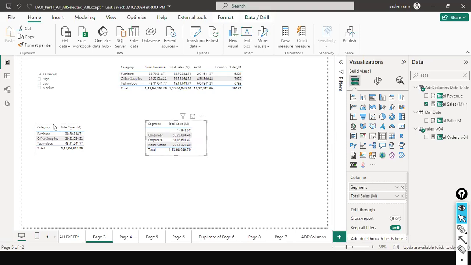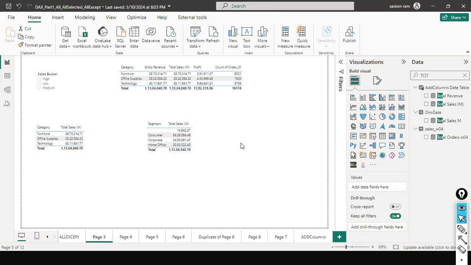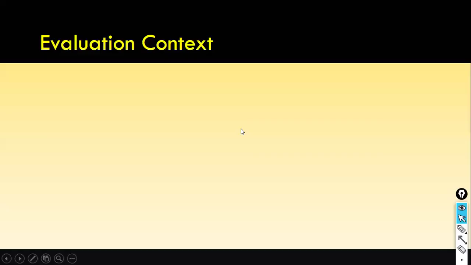When you drop it along with the category, it gives me the breakdown of total sales by category. With the same measure, when you drop it along with segment, which is also a categorical column, it gives me the total sales breakdown by segment, such as consumer. Here 14,940 is because of some missing values, so you can ignore this record. This is what I explained a while back, and that is what is called the evaluation context.